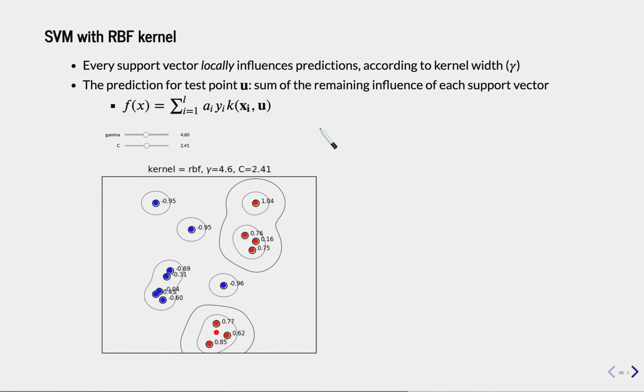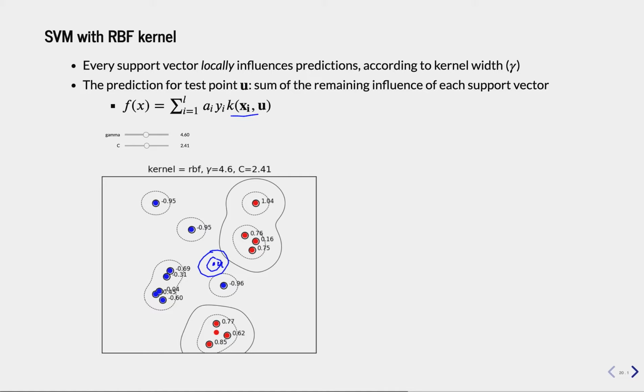So say you want to predict the value for point u here. Then we compute the kernel between u and the other points around. Again, in this case, all these points have very little influence around them, so there's almost no influence on this point u.